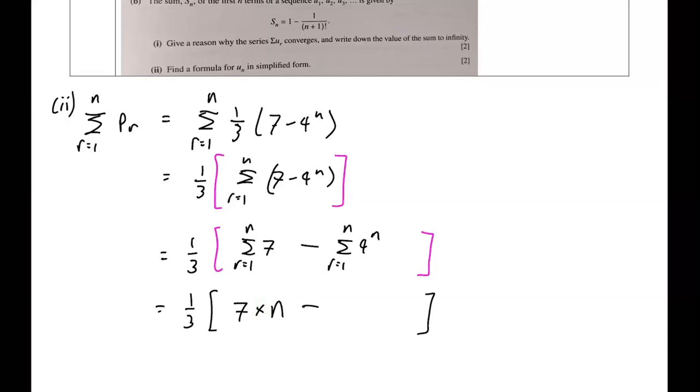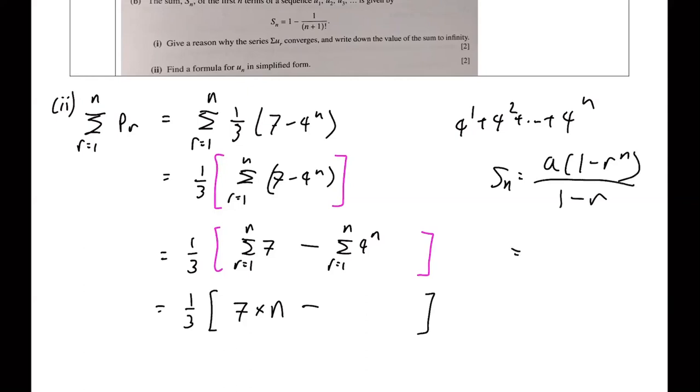Okay, minus away summation of 4 power r, this is a geometric series, right? 4 power 1 plus 4 power 2 plus dot, dot, dot until 4 power n. Formula for Sn will be first term multiply 1 minus r power n, divided by 1 minus r. First term is 4. Common ratio is times 4. So 4, then to the power of n. How many terms? Power 1, power 2, power n.